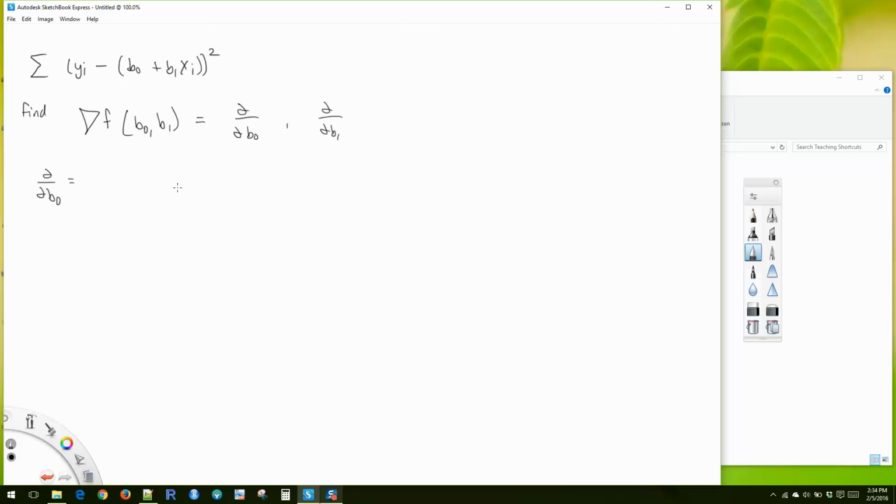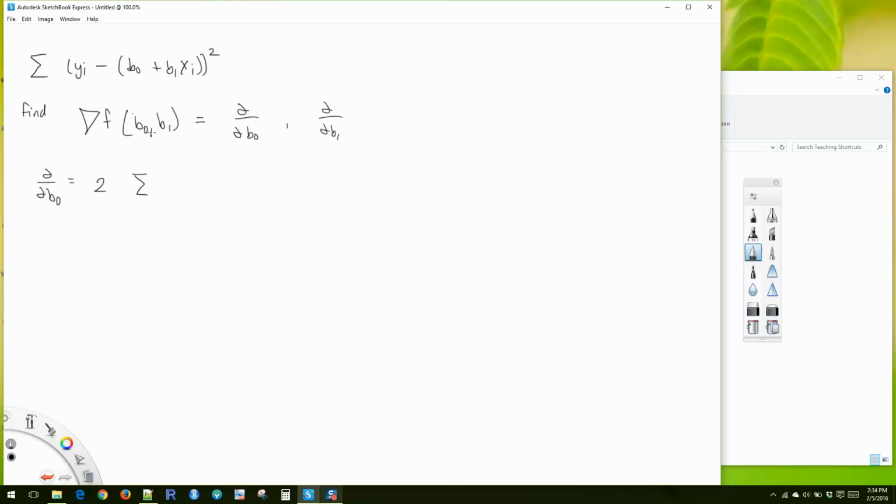I did the math ahead of time, because I know when I have to do derivatives on the spot, it's always bad news. So the square term comes down, and it's still going to be the sum.